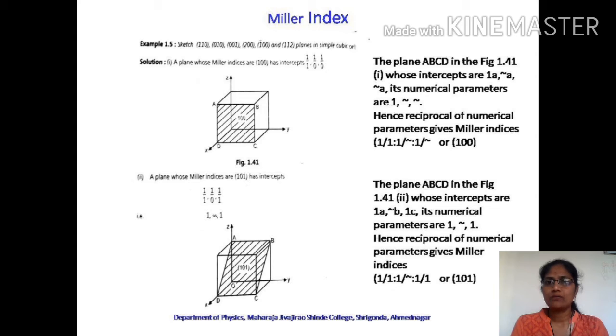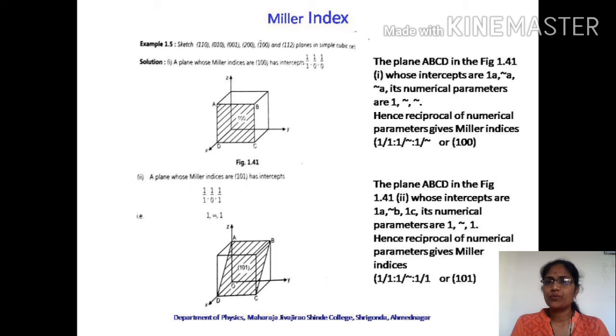Reciprocal of 1 is 1 upon 1, reciprocal of 0 is 1 upon 0, and reciprocal of 0 is 1 upon 0. We know that 1 upon 0 means the given plane will intercept that axis at infinity. Therefore the intercepts come out as 1, infinity and infinity.